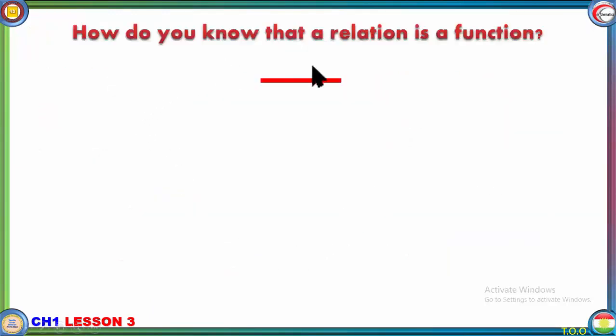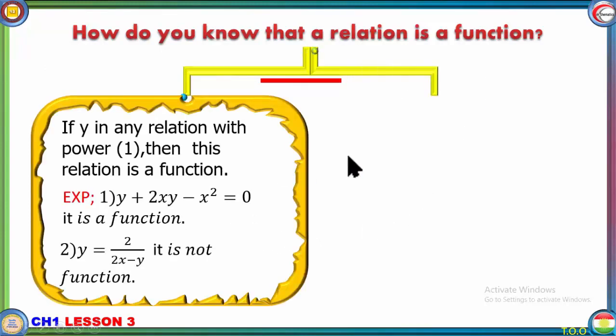How do you know that a relation is a function? If y in any relation has the power 1, then this relation is a function. For example, y plus 2xy minus x squared is equal to 0.